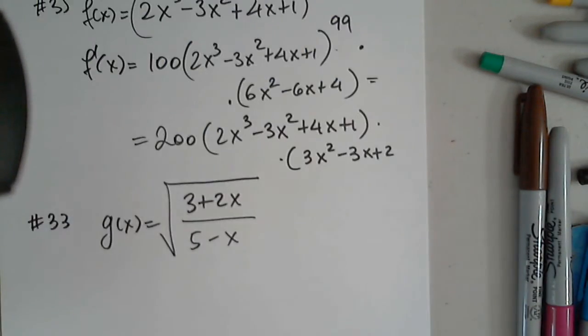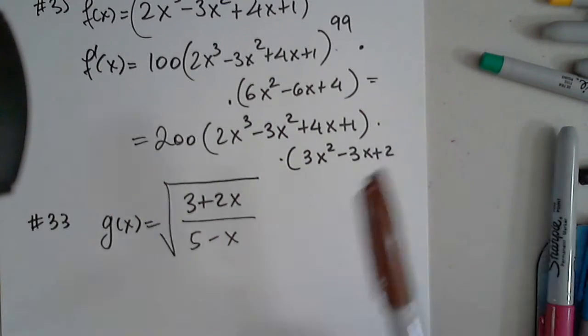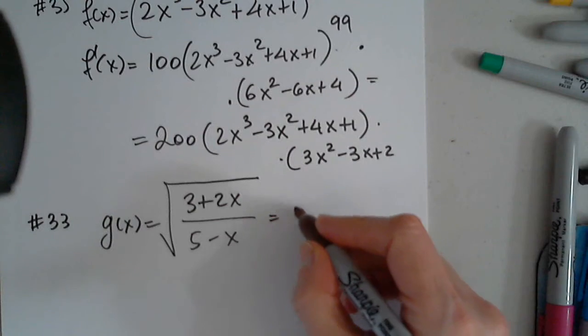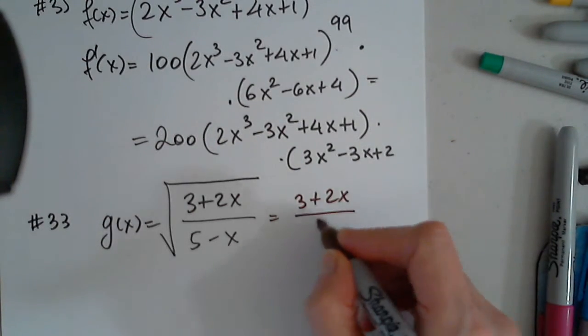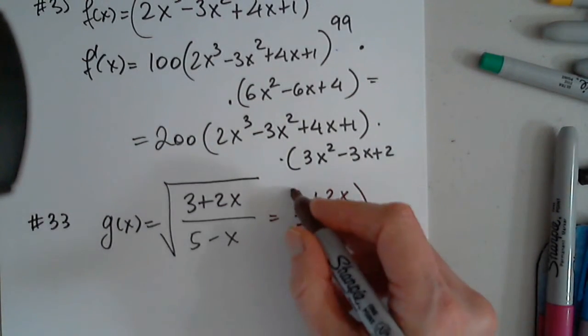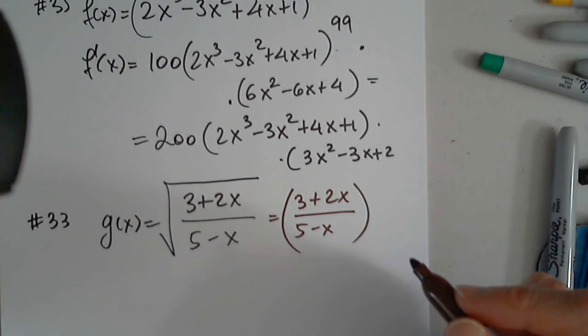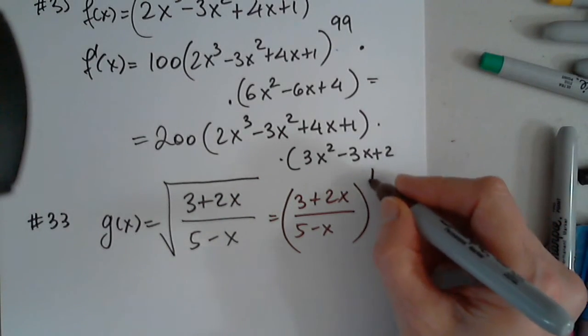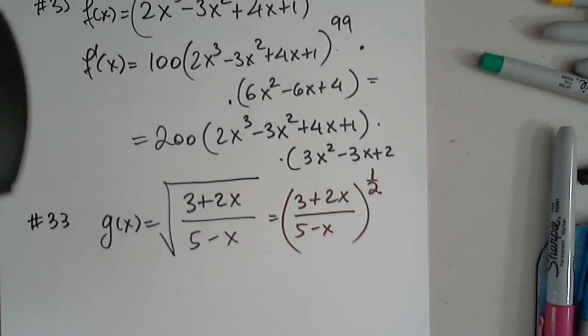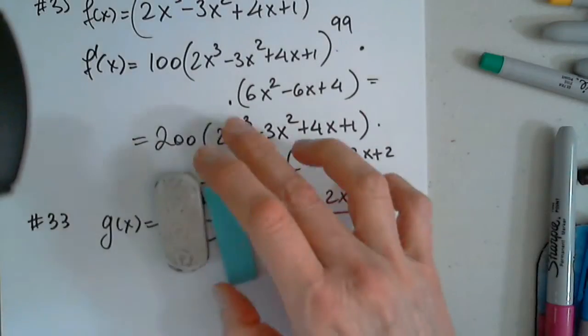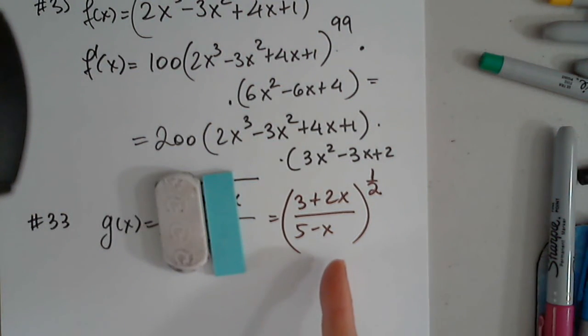So same thing here. I don't like this, but I like this very much. What power is the square root? 1/2. Great job. I don't want to differentiate this. This is difficult. This is much easier.